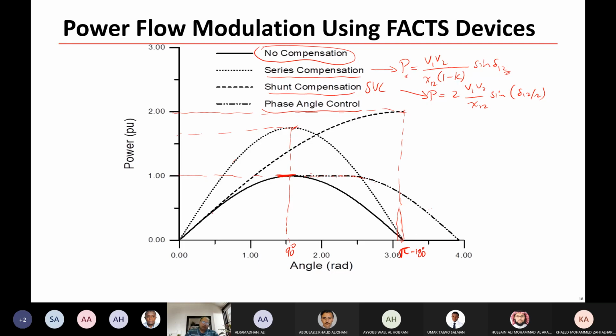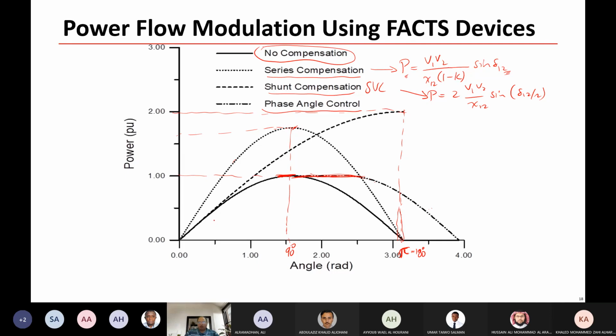So you reshape the sinusoidal. It is no longer sinusoidal, but you can have some flat region here where you can control the firing angle. So in general, the FACTS devices reshape the power angle curve, as you can see here.